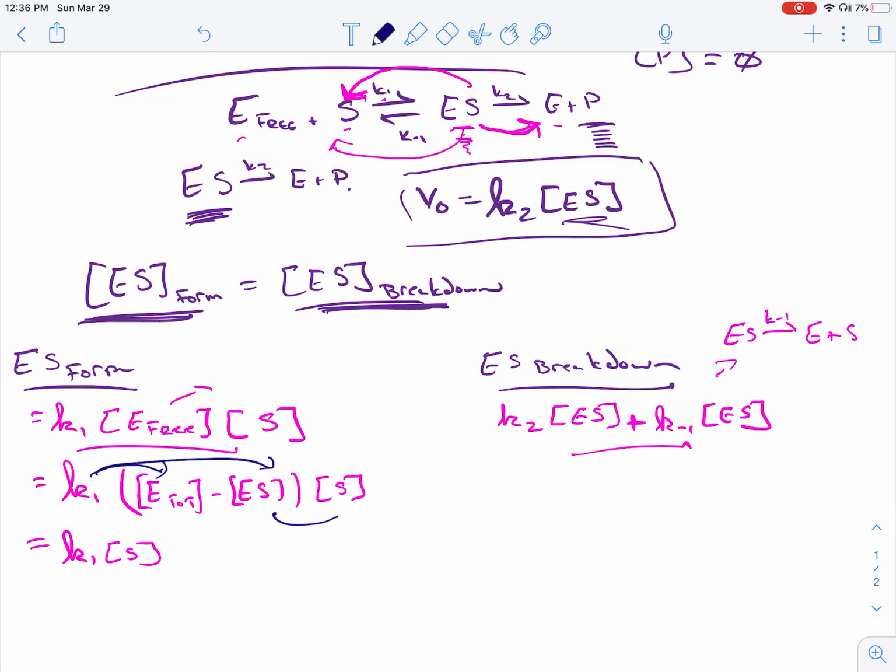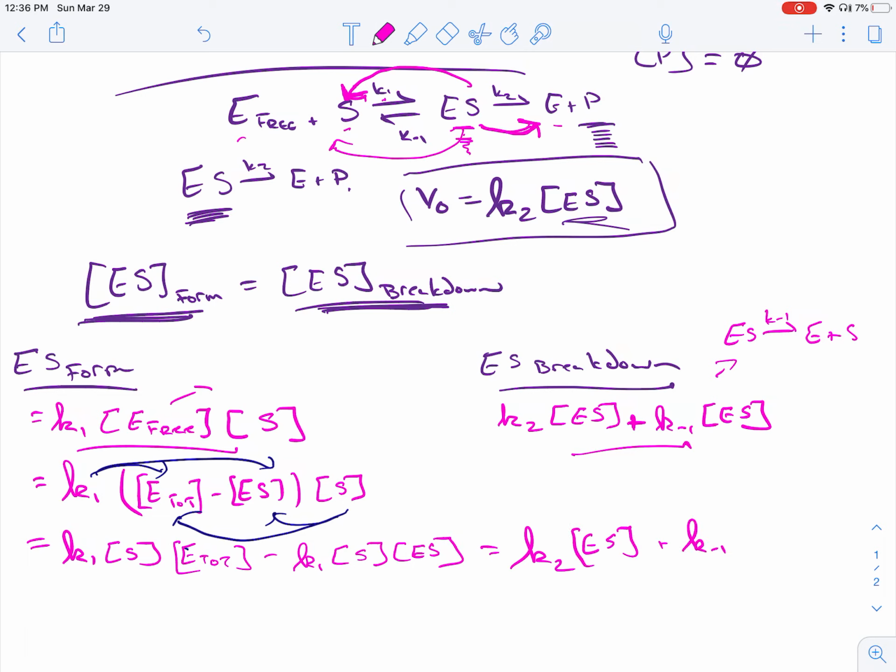So we're distributing here. So K1S E total minus K1S ES. Boom, right? And then this has to be equal to K2 ES plus K minus 1 ES.